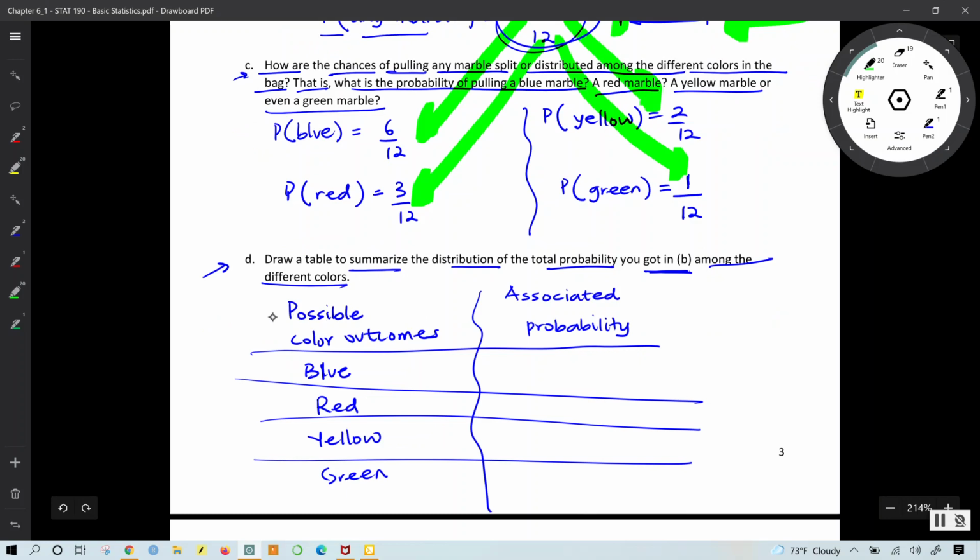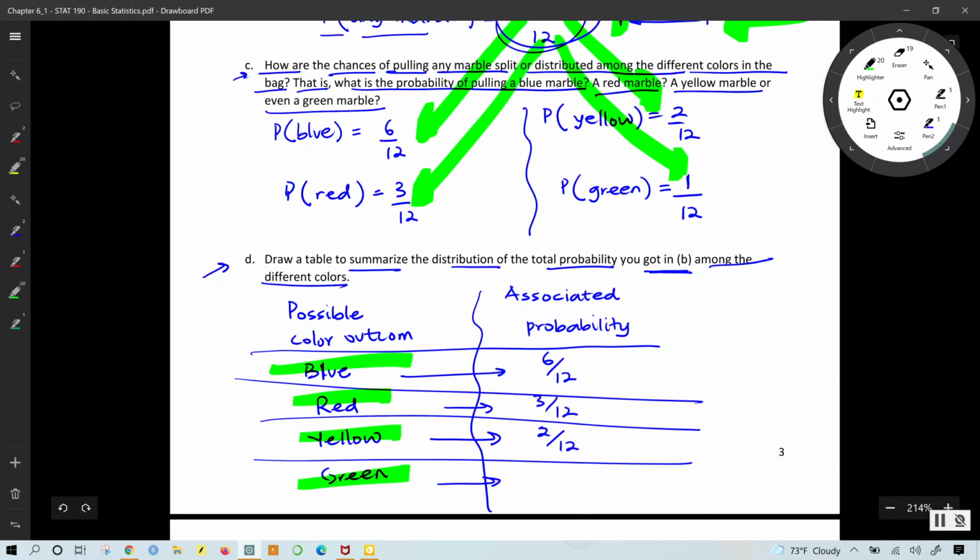So, in this table, I have documented the different possible color outcomes. It could be blue, red, yellow, or green. And then for blue, we had 6 out of 12. Red was 3 out of 12. For yellow, it was 2 out of 12. And for green, it was 1 out of 12.